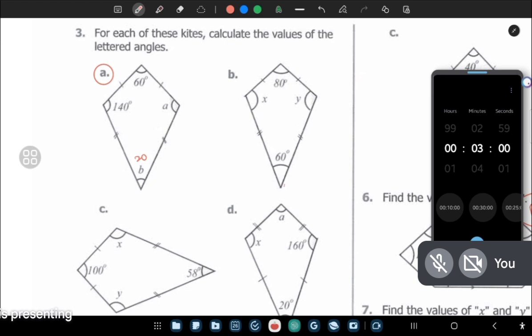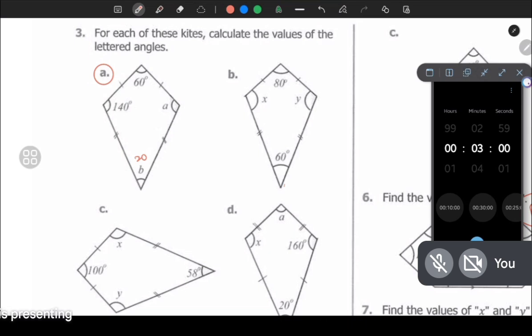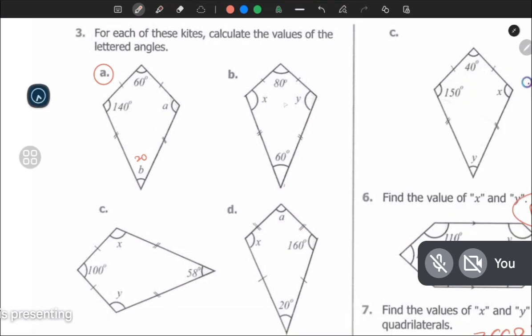How far did you get? I'm done with all of them. Okay. Tell me. So for B, I think both of them are 110. So you get 140. When you subtract that from 360, you get 220, right?